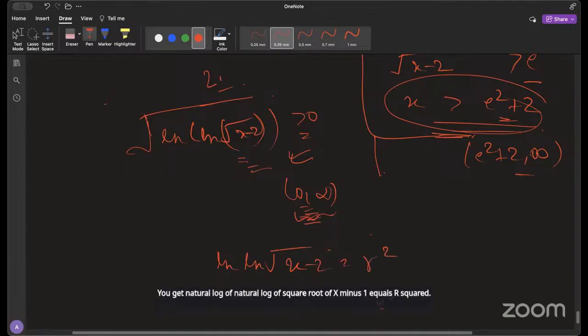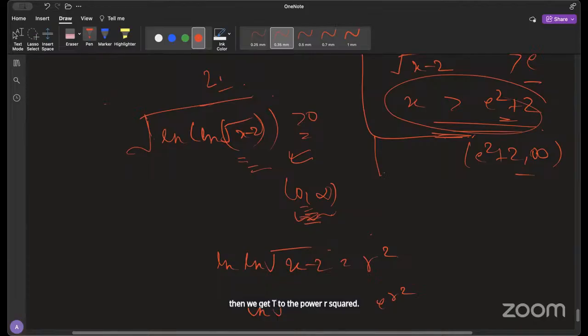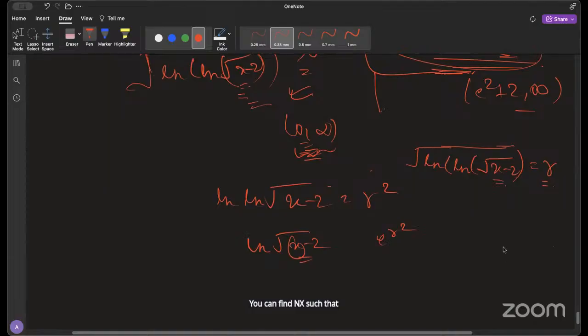Then you get e to the power r square. So we can clearly see that we can get an x such that when we substitute the x here, we get r here, right? We want this to be equal to r, and r is an arbitrary number. So no matter what your r is, positive, negative, 0, you can find an x such that it works. Is that fine, or should I do it?